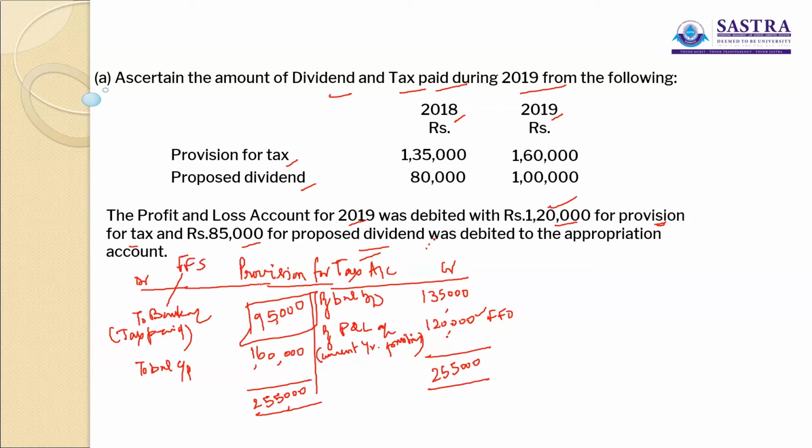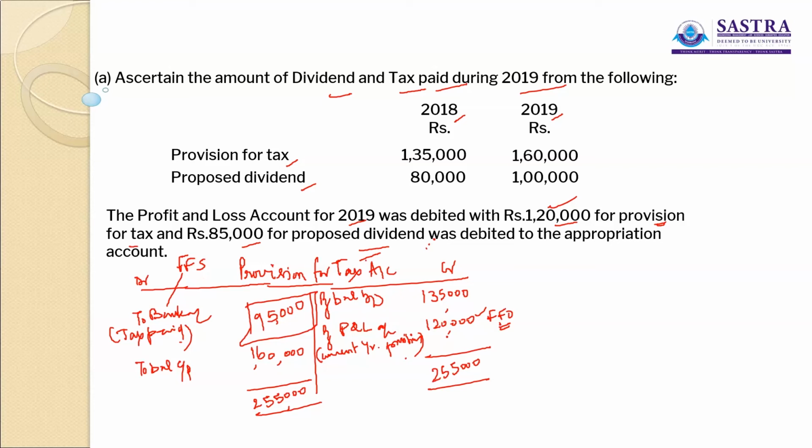So in some other question, the amount of tax paid would be given, and you may have to use that data to calculate the provision made. But these two information are very much required for preparing ultimately the fund flow statement. Without knowing fund from operation, you can't close the fund flow statement. And without knowing the amount of tax paid also, you can't prepare the fund flow statement.